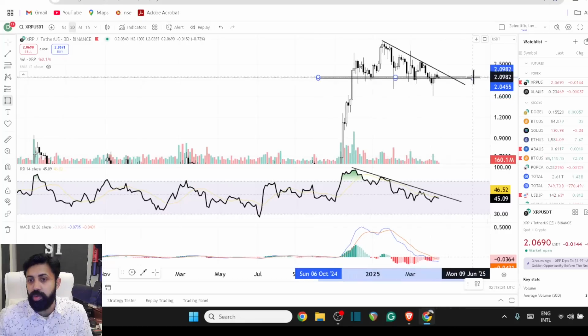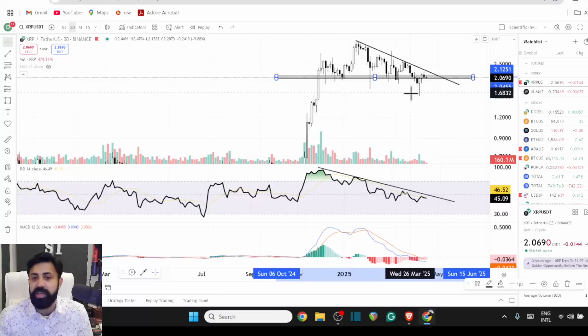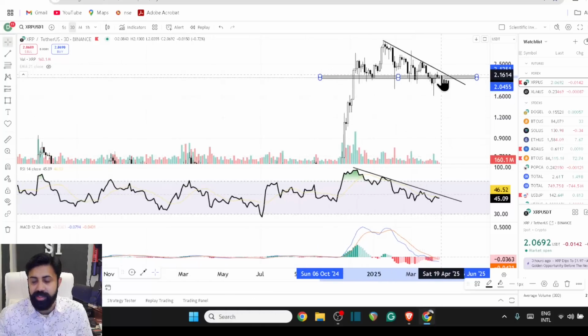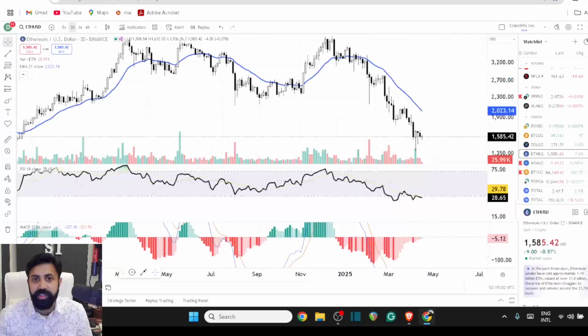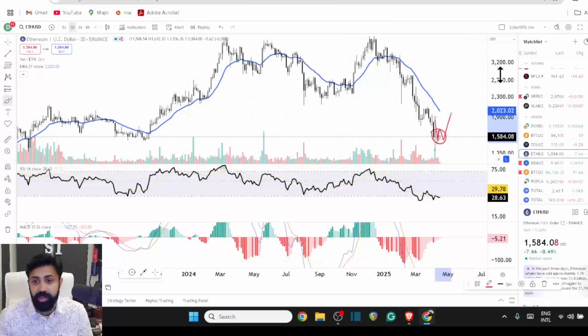Otherwise, if you get rejected here, that region becomes a very strong resistance once you break it below. That's not good. Ether, on the other hand, is saying, I'm getting some amount of buyers. I'm trying to pull this off. Maybe it's going to play out.